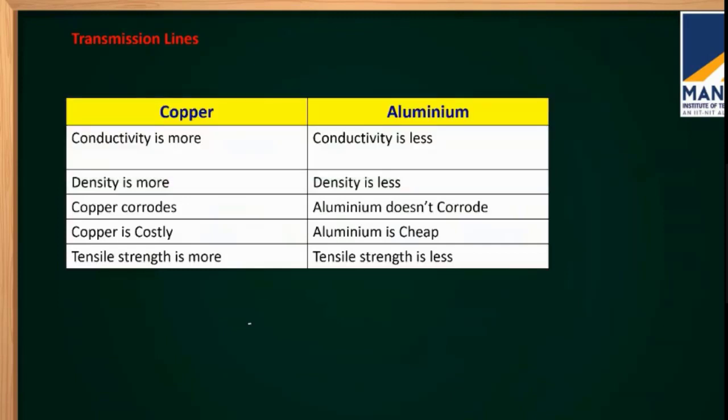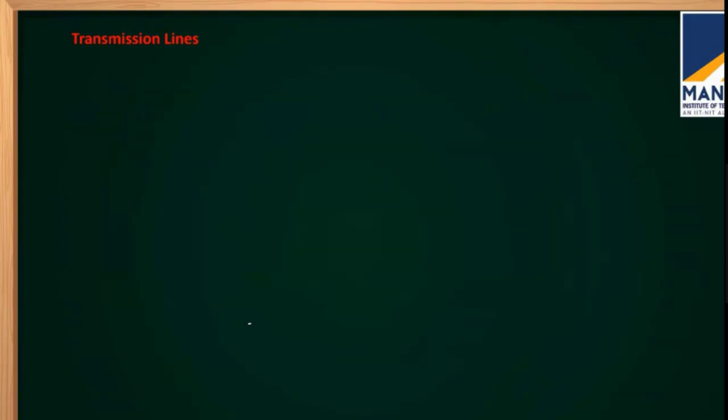Next topic is transmission lines. The most commonly used conductor materials for transmission conductors are copper and aluminum.